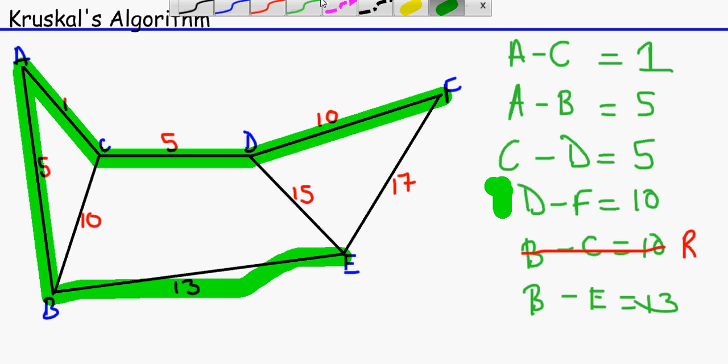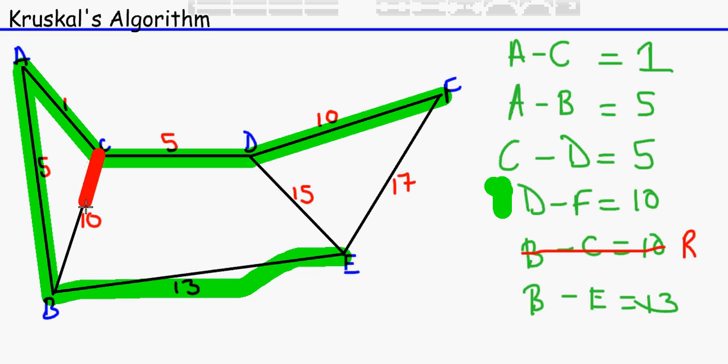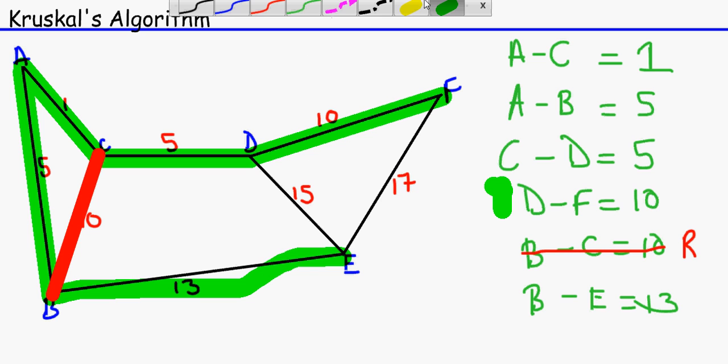And it would be pretty good if you also mark on where the cycle is, just in case you forget and think, oh my gosh, why didn't I pick that. The next one is 15 from D to E, so it's that one, D to E, 15.